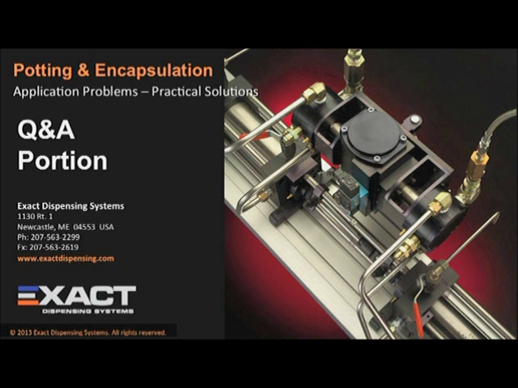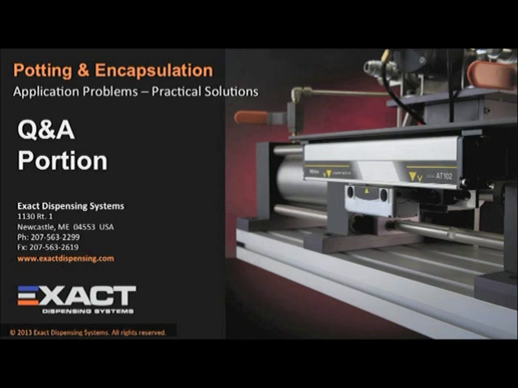Is it easy to swap one formulation for another? Well, sure, it can be. If it's a similar chemistry swap, we would suggest chasing one out with the other. One side, the A with the A, and the other, the B with the B, chasing the two out.